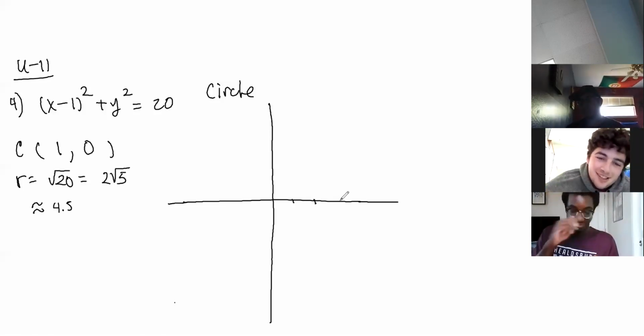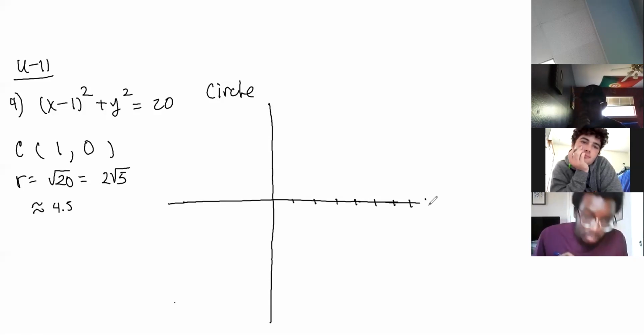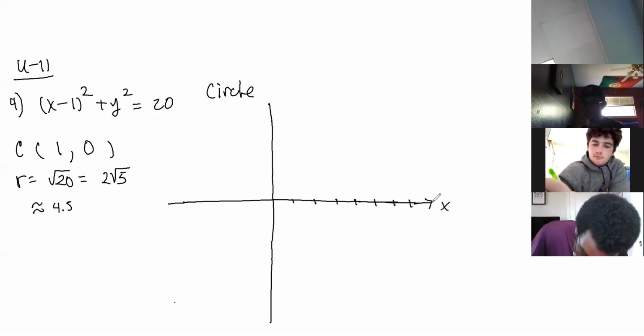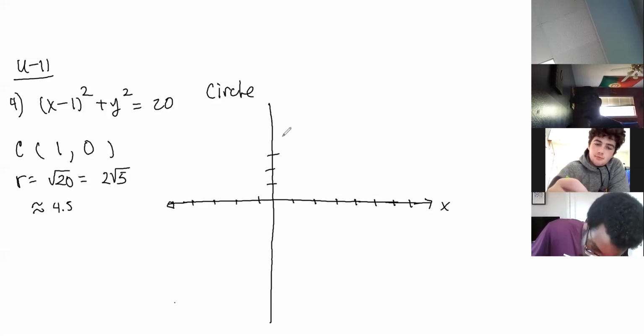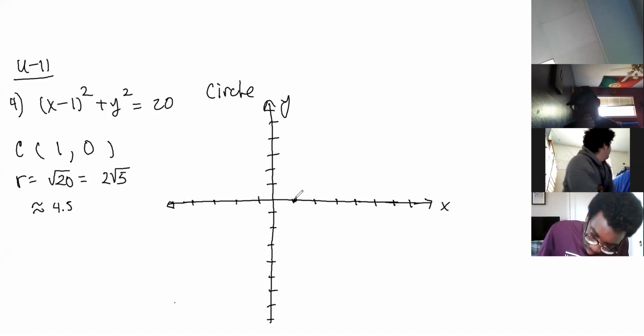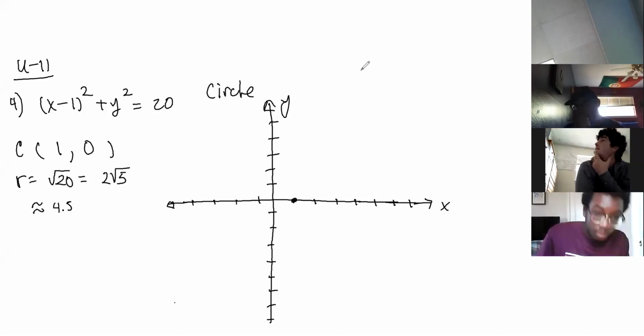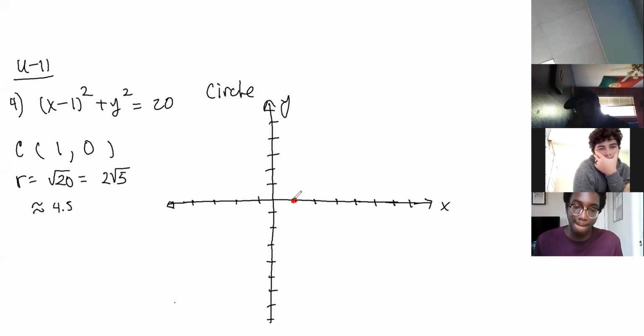Okay, so let's go ahead and graph. Okay, so my center is 1, 0. And from the center, I'm going to go in each direction, right, left, up, down.